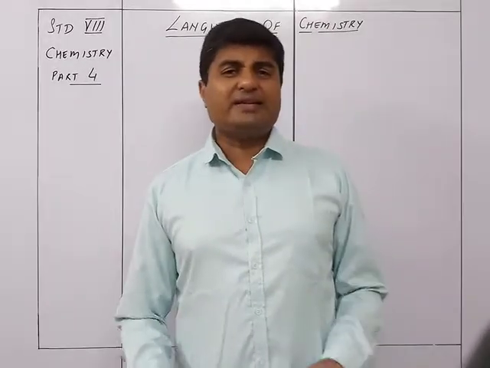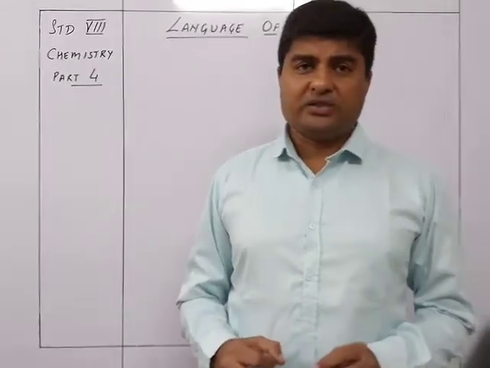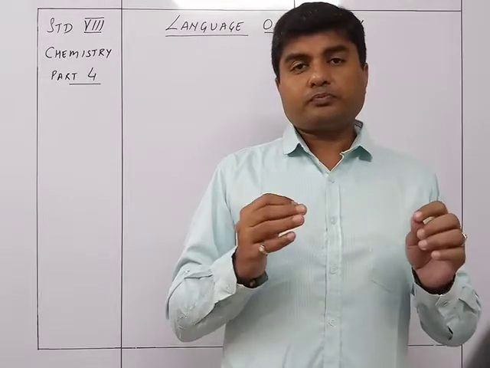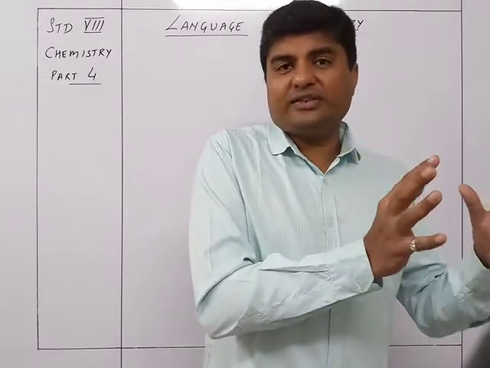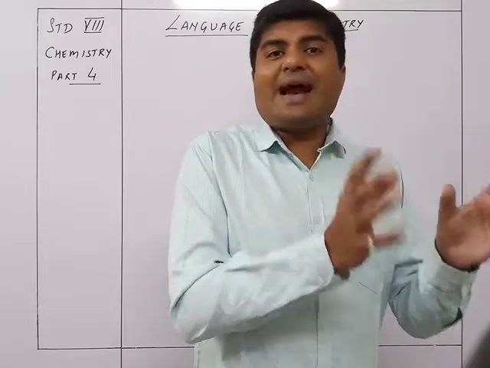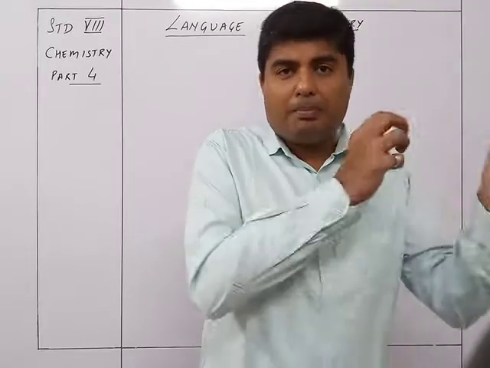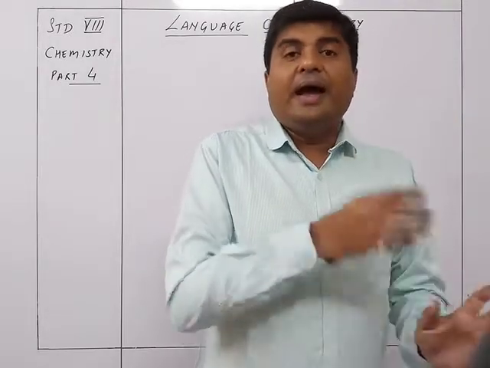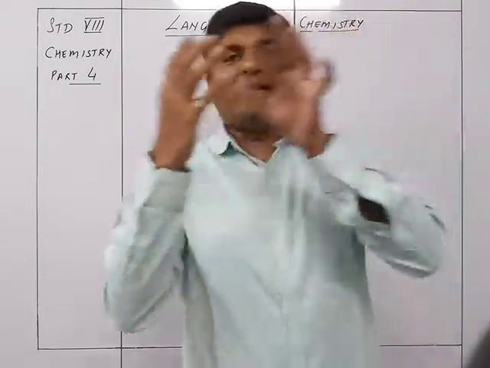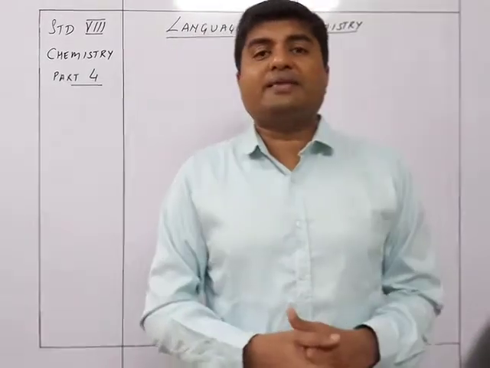Whenever a chemical change takes place, there will be 2 stages. First is the reacting stage, the reactants. The reactants are the ones which combine and react with each other in some conditions, and accordingly there will be a result. The result are called the products.